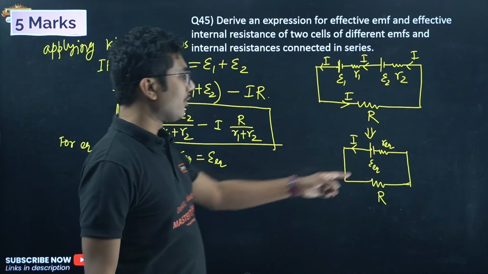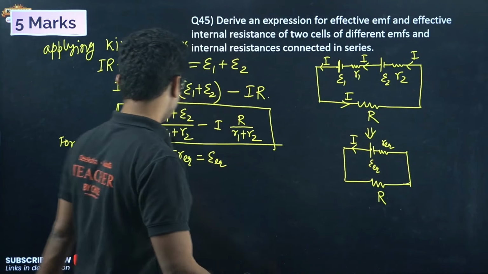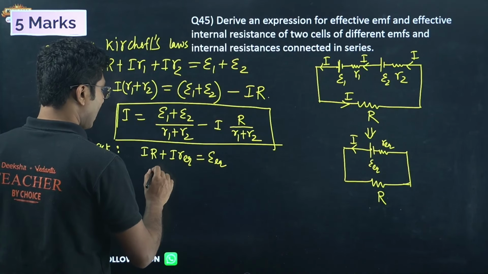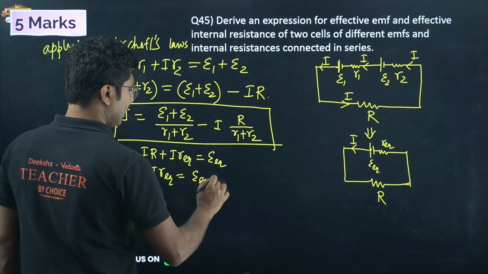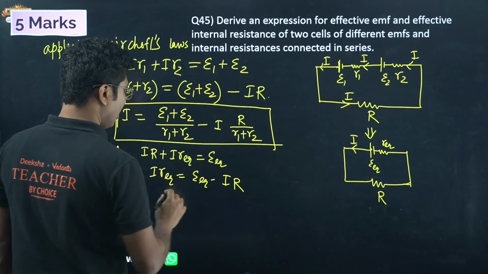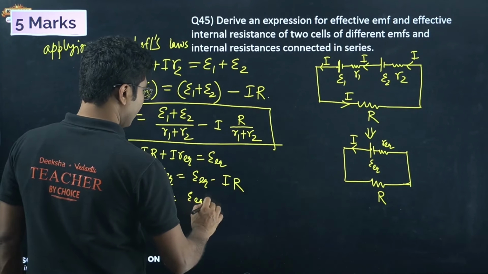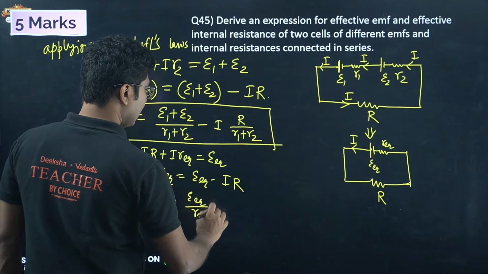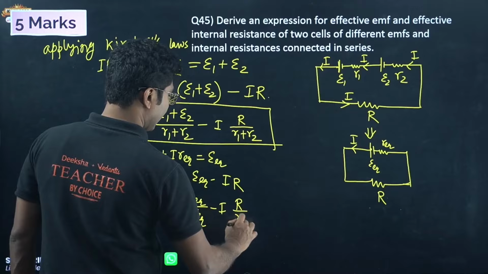Here we have only two resistors, R and R equivalent, so the current is the same. So I into R equivalent equals epsilon equivalent minus IR, or I equals epsilon equivalent by R equivalent minus I into R by R equivalent.